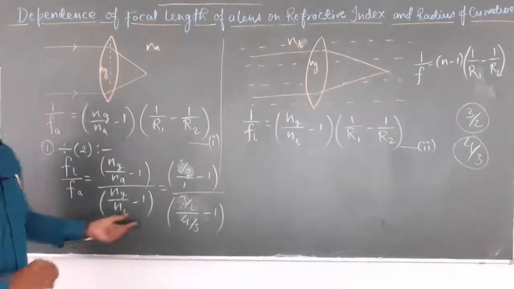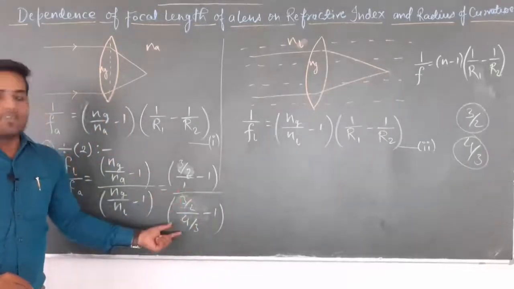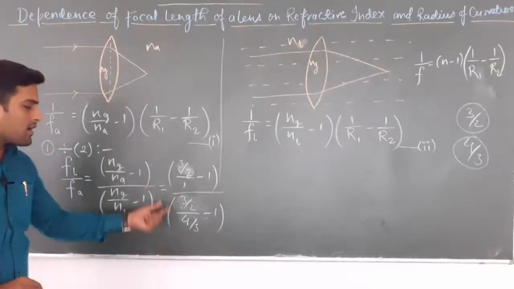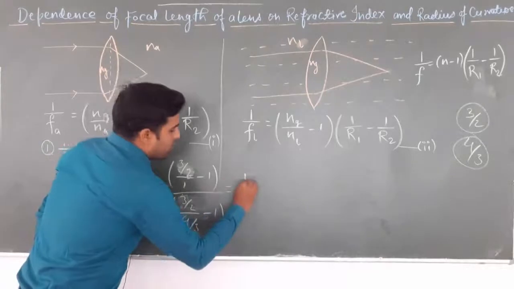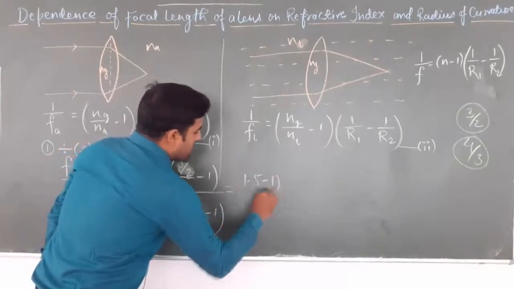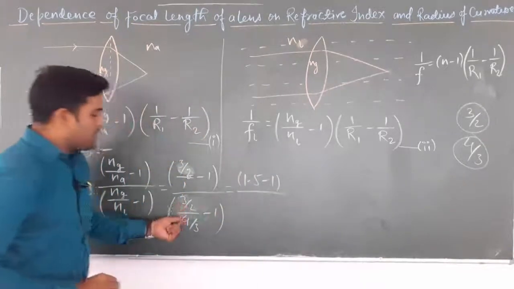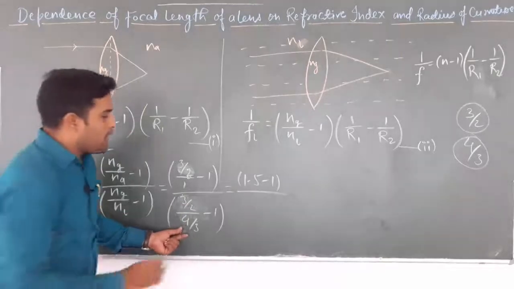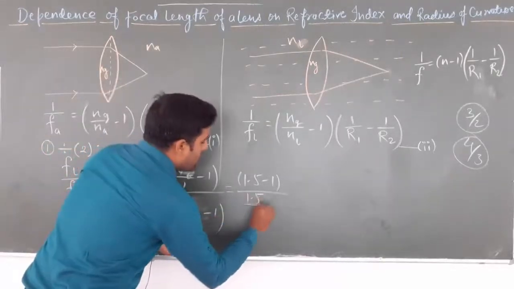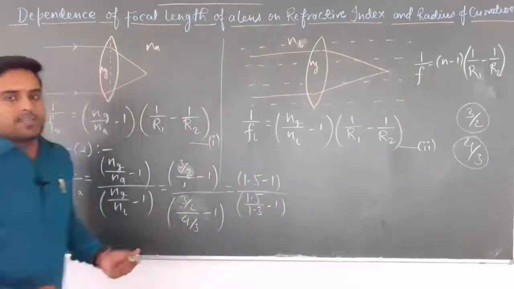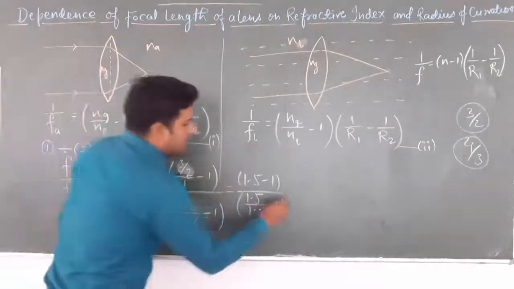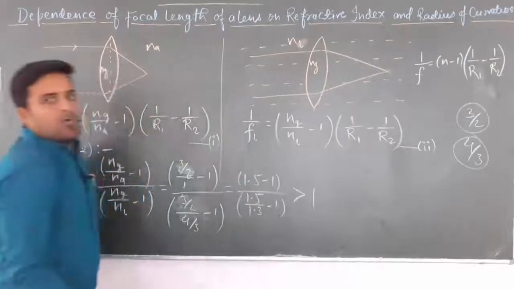Now when you do the calculation, you will check whether this value is equal to 1, less than 1 or greater than 1. Solving further, 1.5 minus 1 upon 1.5 upon 1.3 minus 1, and when you calculate it, you will get that this value is always greater than 1.